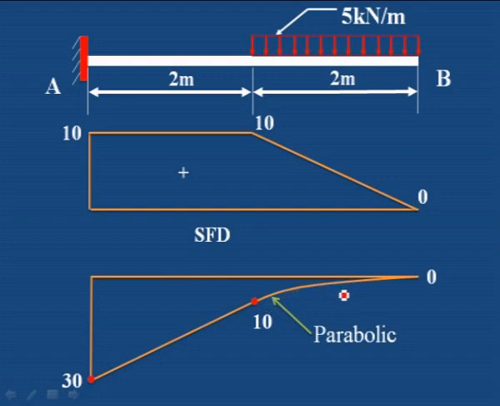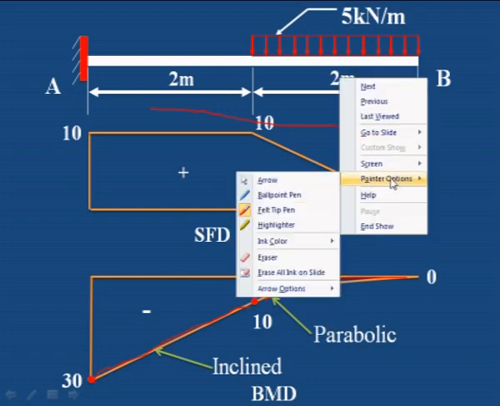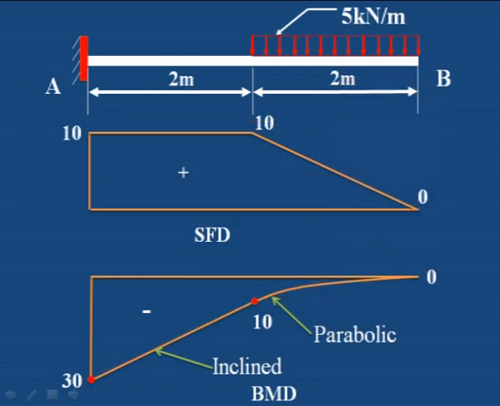That is why it is parabolic, and after this point it is a straight inclined line, because from here to here the bending moment changes from 10 to 30 kilonewton meter. This portion is parabolic because the UDL is acting there. You have to draw an inclined line and a parabolic line. This is the bending moment diagram for this particular beam. We have to draw the parabolic line for the uniformly distributed portion in the bending moment diagram.